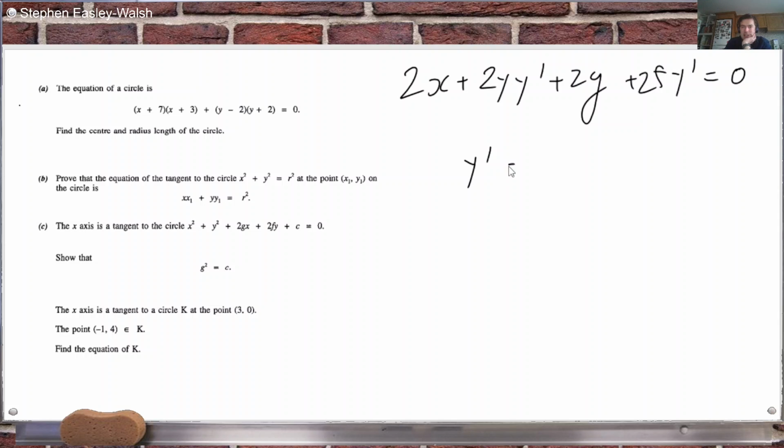dy/dx will equal minus 2x minus 2g, actually, I could have cancelled the 2's, over 2y plus 2f. Well, I get rid of the 2's and it's 0.